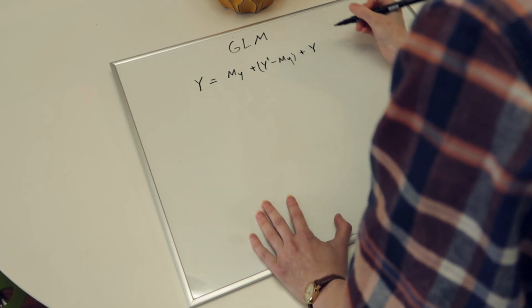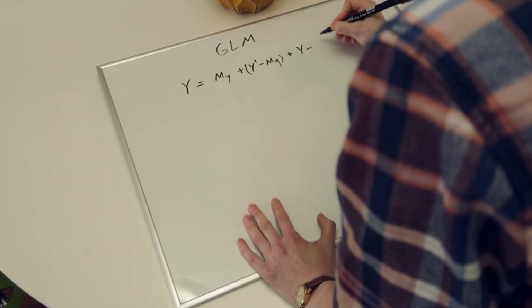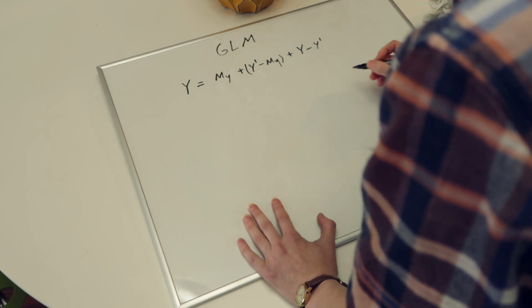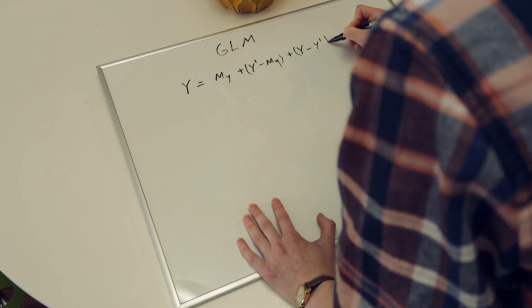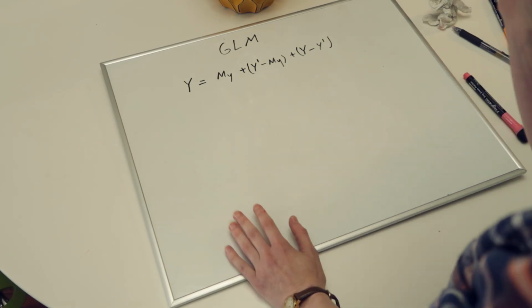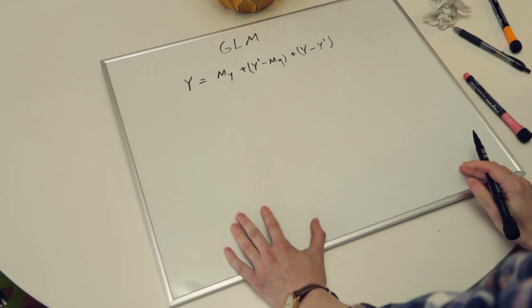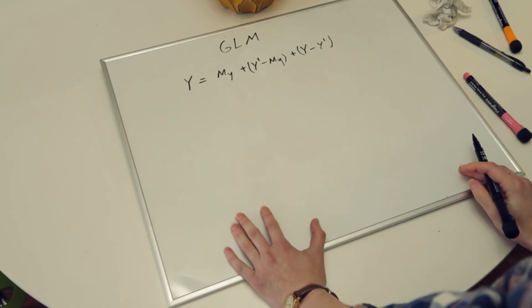So our raw y score, minus our predicted y. So that's a raw score. All these add up, they're additive in the general linear model.